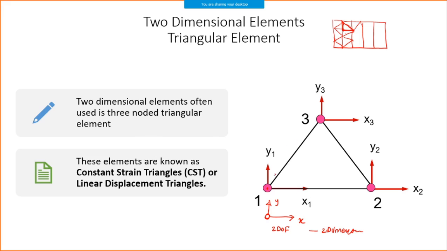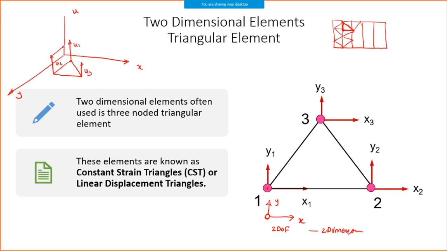If I consider three nodes, just imagine this is my x-axis, this is my y-axis, and this is my deformation. Maybe I defined an element in this fashion. This node will have a deformation, maybe u1 here, maybe u2 here, and this may have u3 here.